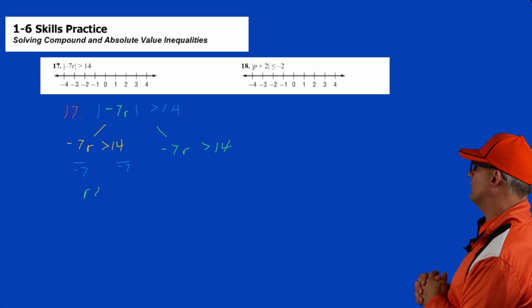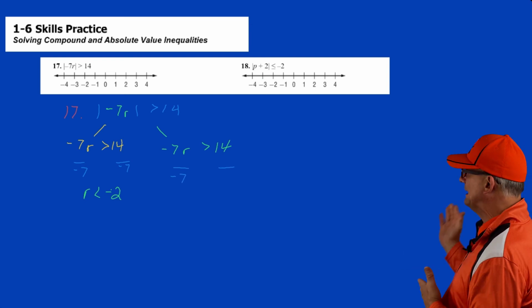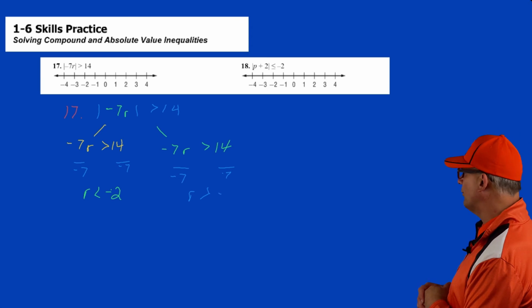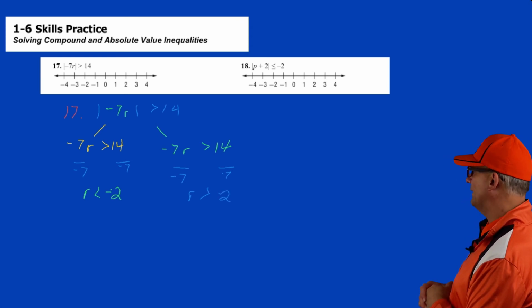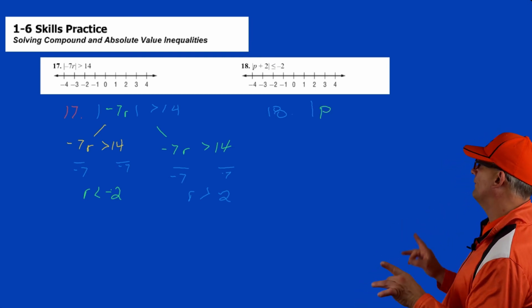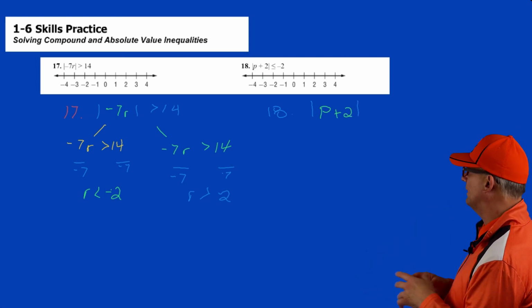So -7r, divide by -7, you get r less than 2. Remember, flip the inequality, divide by negative. And here we go again, divide by negative. So we get r what? Greater than -2. Perfect. So at the 2's, open circles, both of them are going away from each other. +2 to the right, -2 to the left.